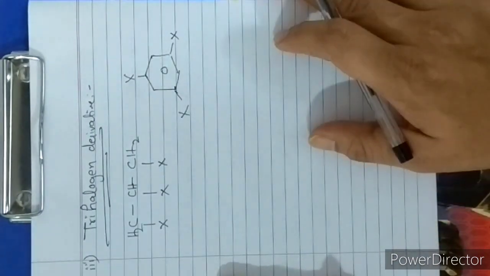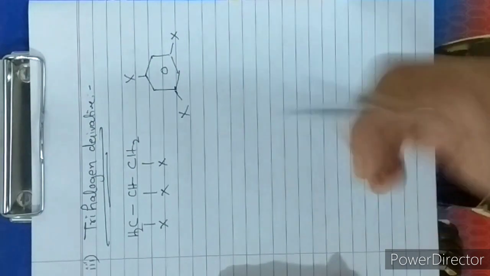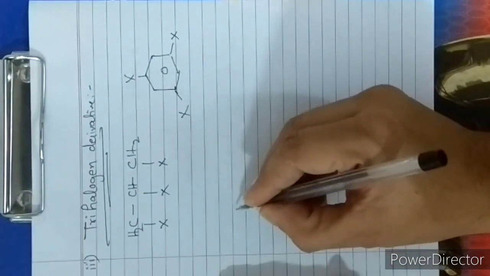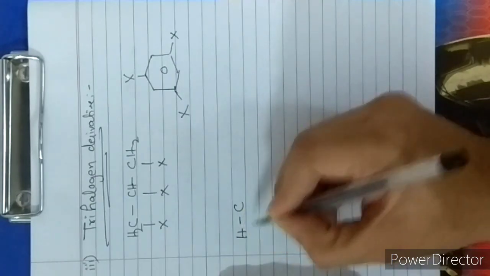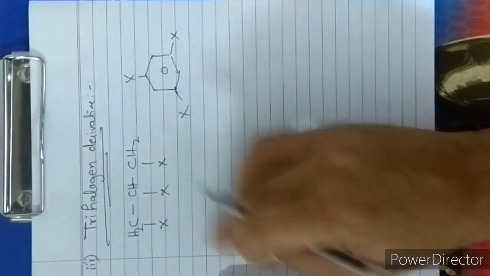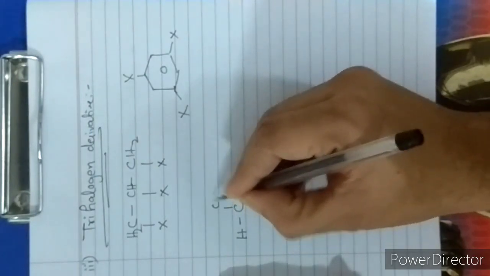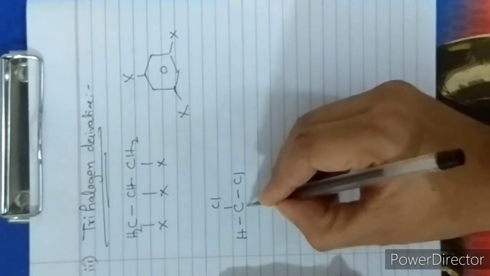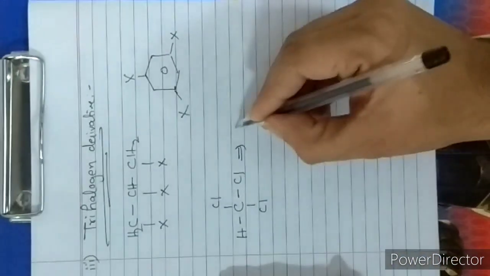Okay, now in this we have to understand a few examples, students. They are very important. Suppose I take methane. So in methane, I have 4 hydrogen, right? But here if I replace all the 3 hydrogen by Cl, this is nothing but chloroform.